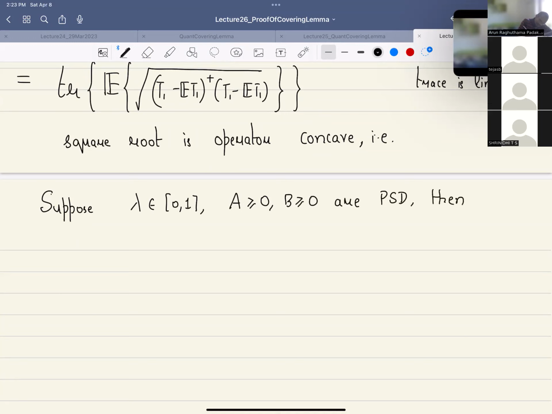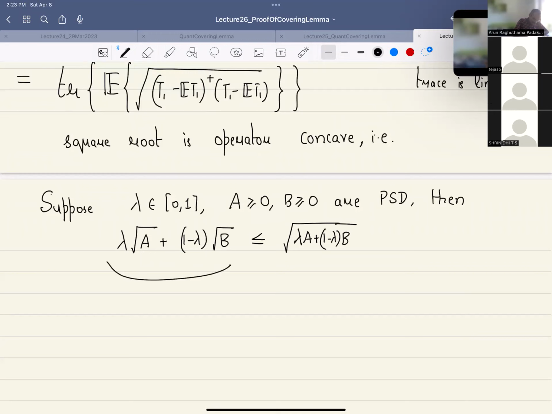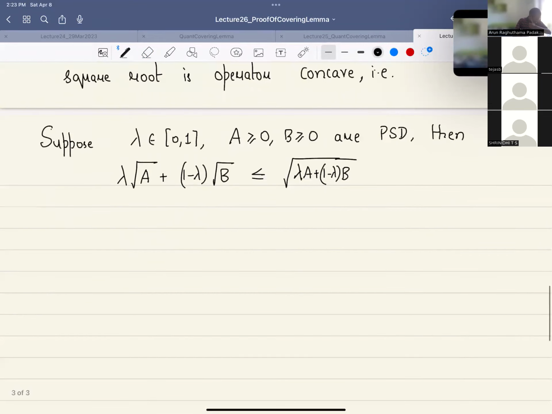Then lambda times root A plus 1 minus lambda times root B is less than or equal to root of lambda A plus 1 minus lambda times B. Showing something like this is crazy, because this is some operator with some spectral diagonalization, and this is some operator with some other spectral diagonalization, and you have to show the eigenvalues dominate. It's not easy, but this turns out to be true.